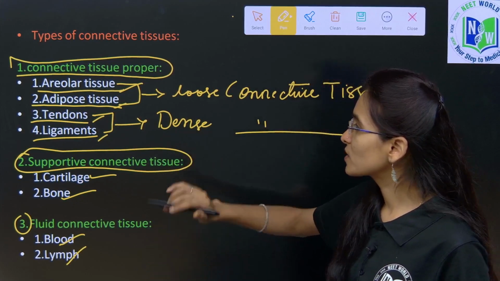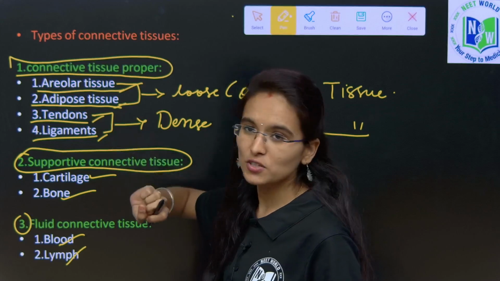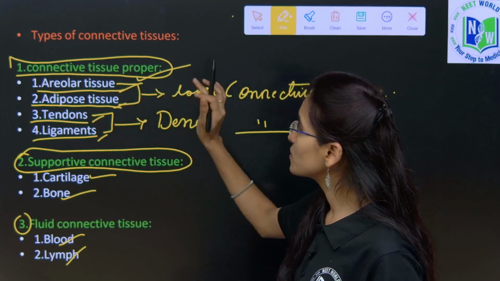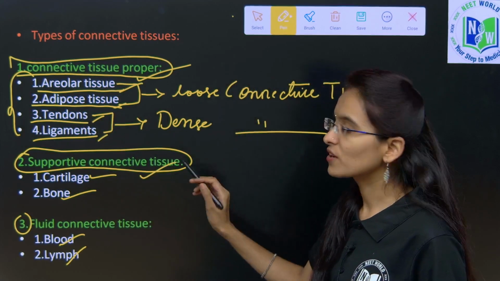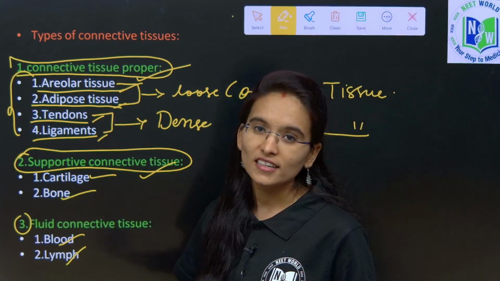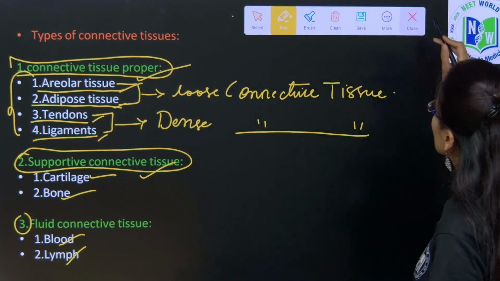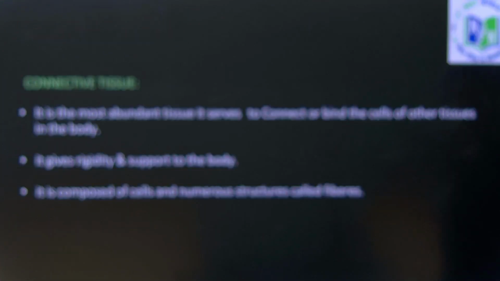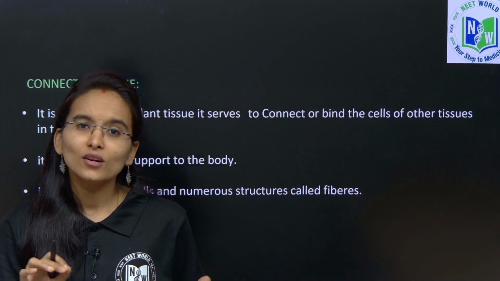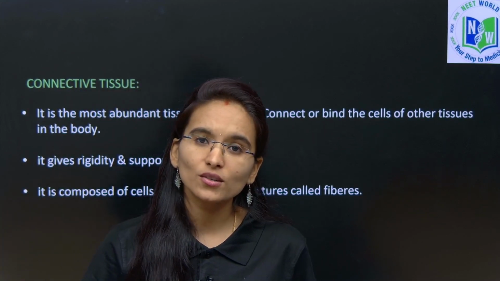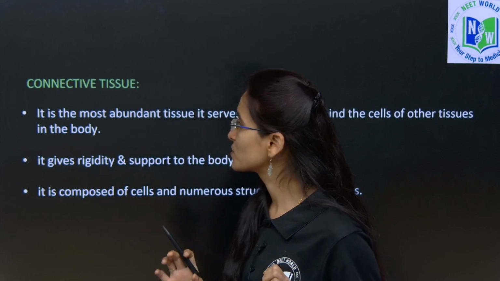In today's session we will cover 2 types of connective tissues: connective tissue proper, which includes 4 different types, and supportive connective tissue, which includes cartilage and bone. Now let's discuss the first type, loose connective tissue, which is also called areolar connective tissue.